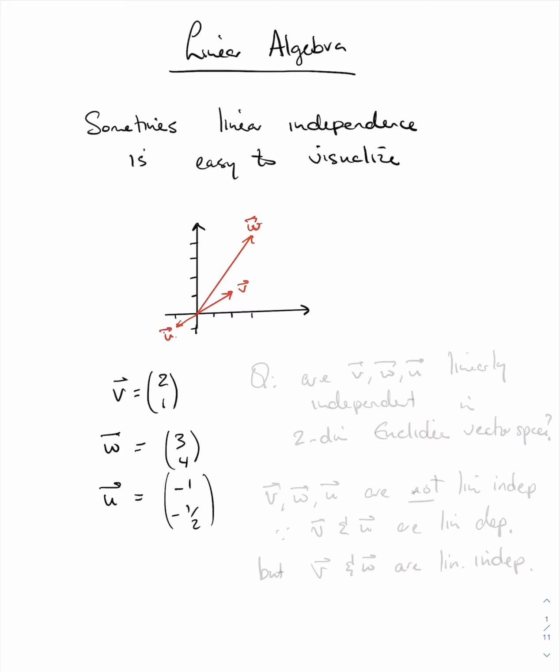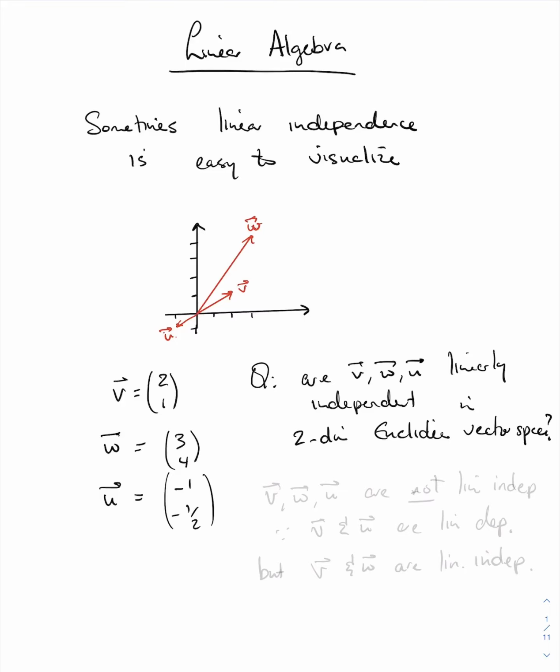And while my drawings are not entirely to scale, you can start asking yourself a few questions. Are v, w, and u linearly independent in two-dimensional Euclidean vector space? You'll notice, just by eyeballing it, that u and v are not linearly independent.